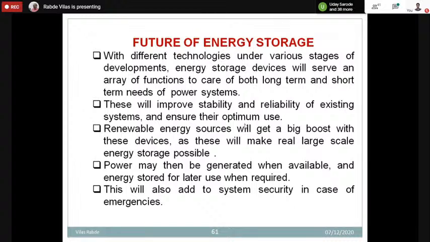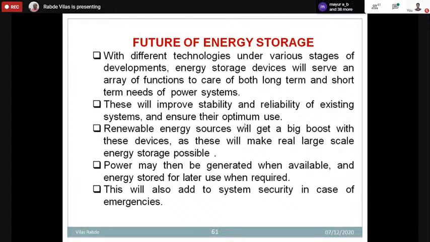So what will future energy storage be like in automotive? With different technologies under various stages of development, energy storage devices will serve an array of functions, taking care of both long-term as well as short-term needs of power systems. There will be improved stability and reliability of existing systems and ensure their optimum use.